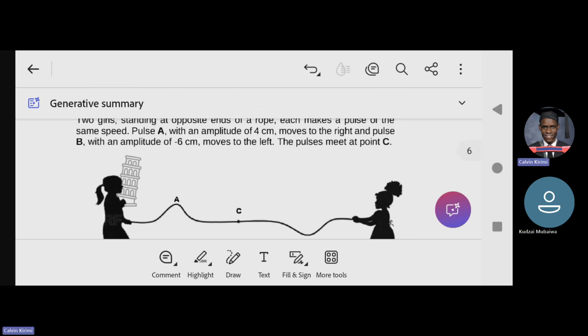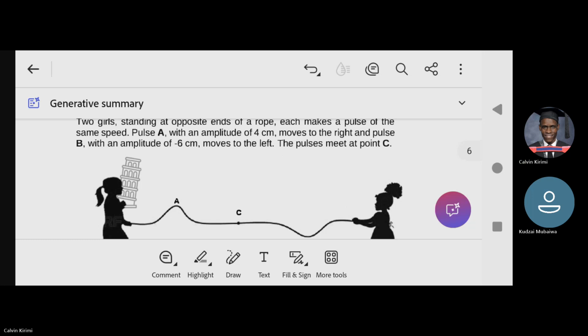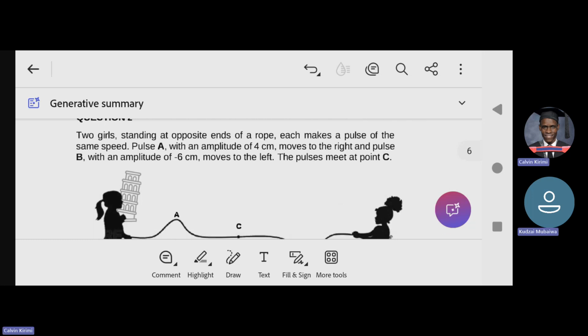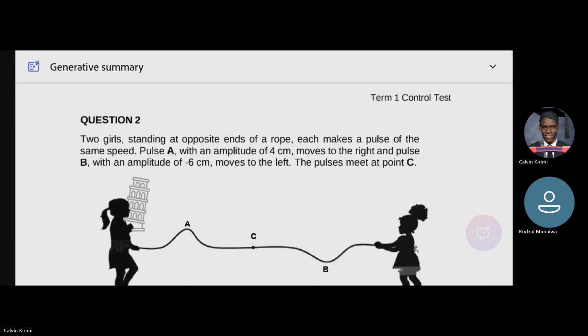Can you see what is happening at question number 2? Two girls are standing at opposite ends of a rope. Each makes a pulse of the same speed.